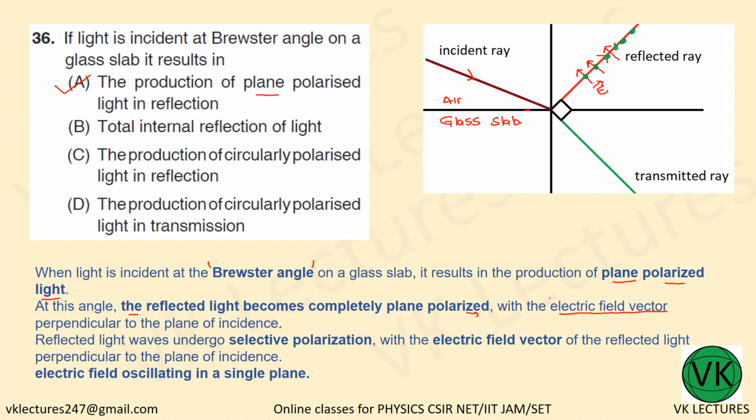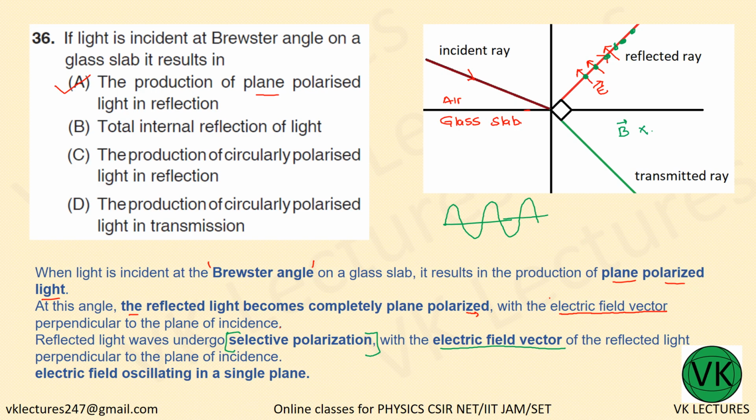Now the reflected light wave undergoes selective polarization. Selective polarization is nothing but it focuses on the electric field vector of the reflected light; the magnetic field vector is not considered here, and the electric field oscillates in a plane. Oscillates in a plane means it goes like this in a plane.